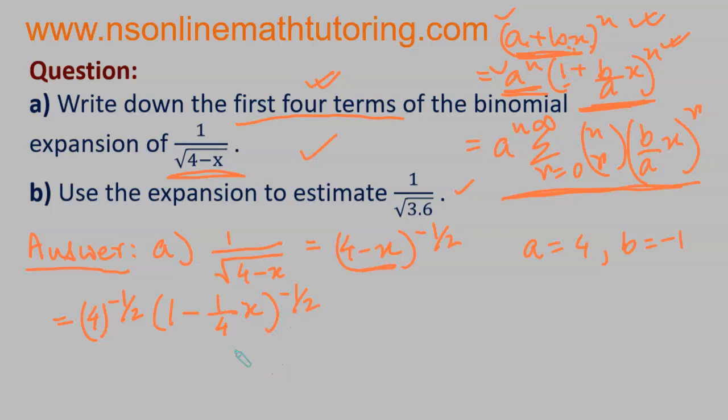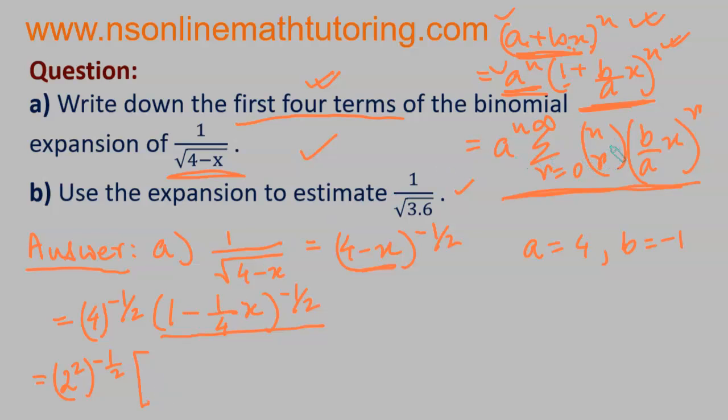Okay, and now we will be doing the binomial expansion of this part. This 4 can be written as 2 square, and this is -12. Now coming to the binomial expansion.